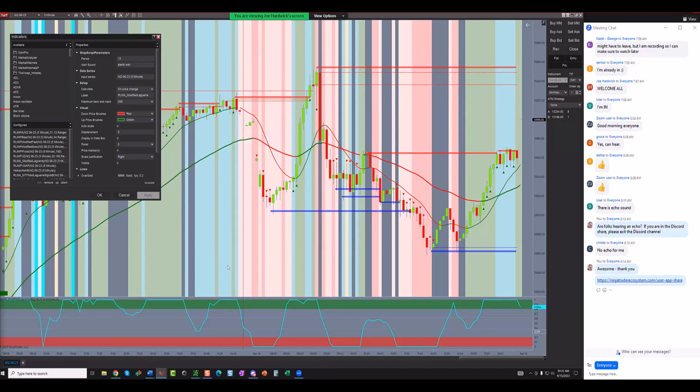What I like about the Laguerre is that it has a tendency not to have divergence. Let me explain divergence in 15 seconds. When price goes up and your indicator goes down, that's divergence. When the indicator goes up and price goes up, everything is in sync.